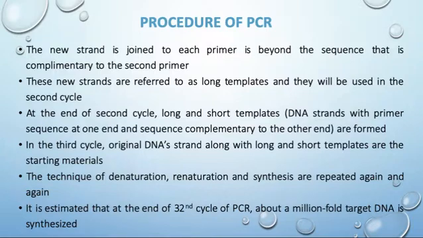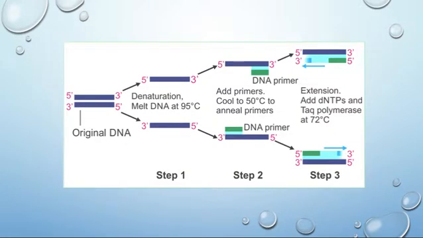Next we'll go on to the procedure of PCR when we look at this flow chart. So this is the original DNA strand, that is 5' to 3' end, and in the opposite direction 3' to 5' end. Here it gets denatured, because the DNA is raised to 95 degrees centigrade and both the strands get separated.